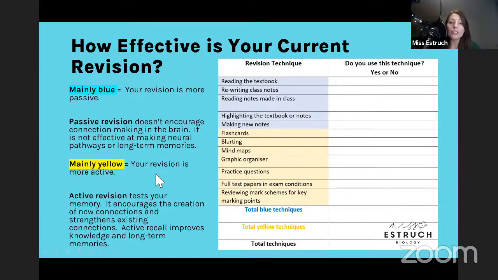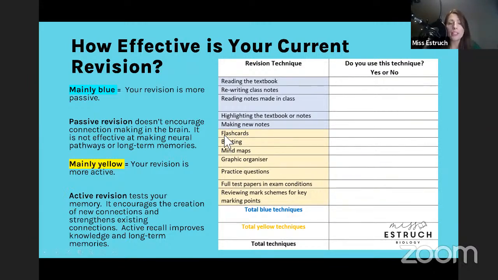Now, the yellow ones are all what we call active revision or active recall. So active revision tests your memory and it encourages the creation of new connections, strengthens existing connections. By connections, we mean long-term memories. So overall, if you were to do more yellow revision techniques, then it's going to improve your long-term memory.